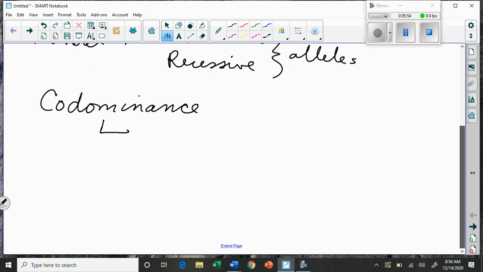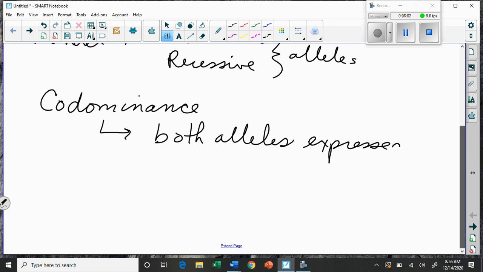Codominance is when both alleles are expressed equally. In other words, we get a condition where you can get a blending of traits. Both alleles are equally and fully expressed. So codominance means we get variations like this.